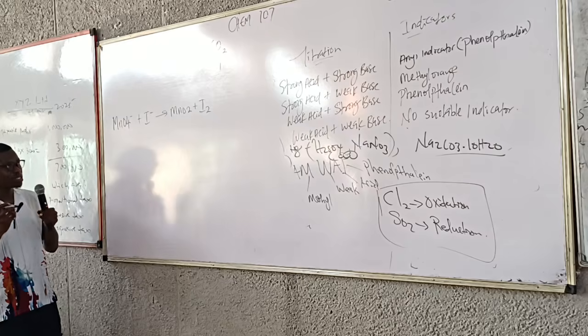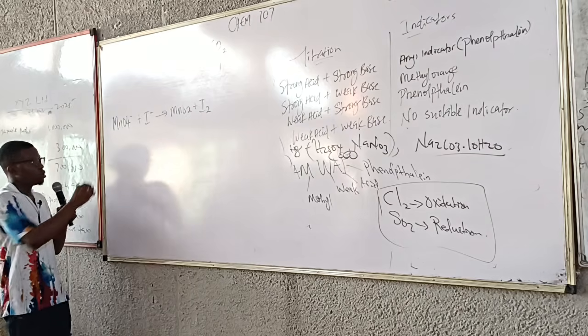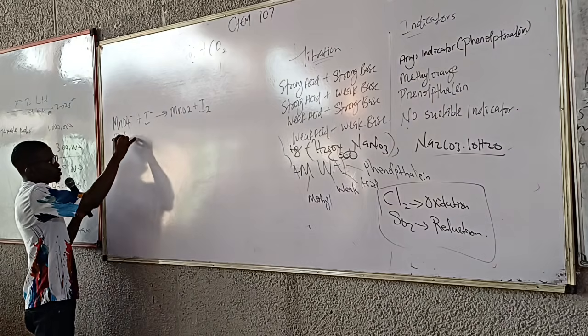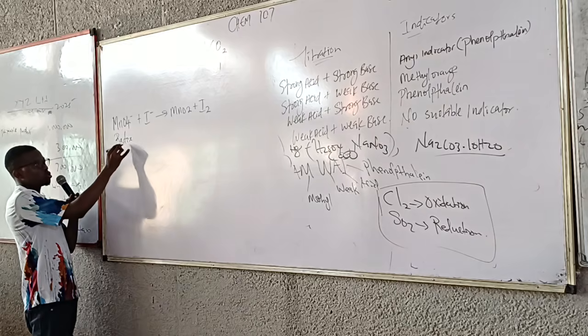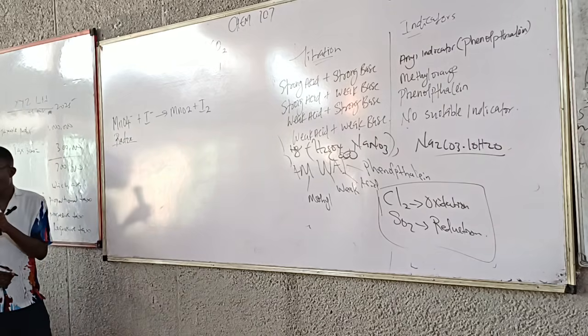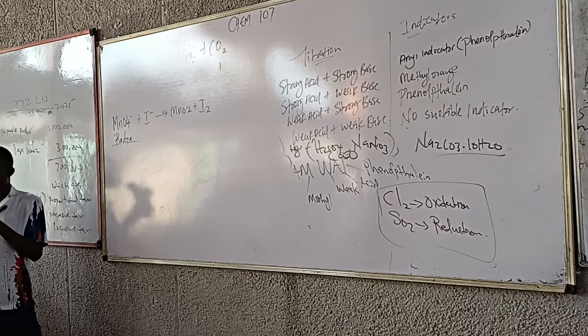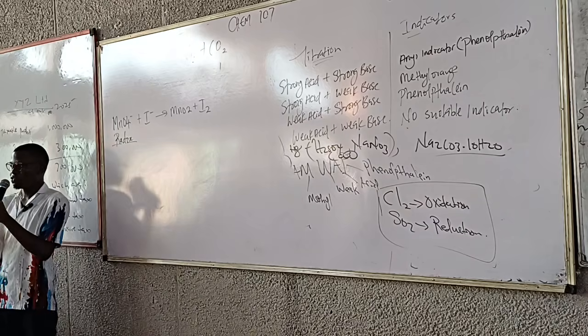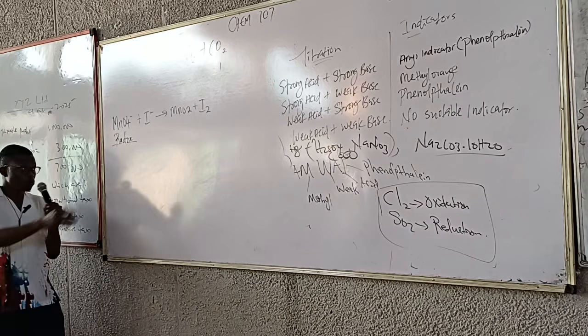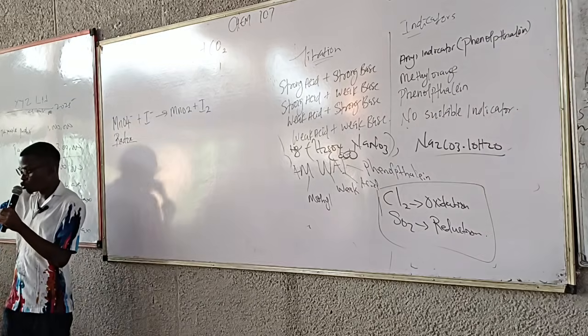So when you want to balance redox, first, the word redox means reduction and oxidation. When you want to balance, the first step is you split the equation into two half reactions. This is a full complete reaction, so you split it into two.